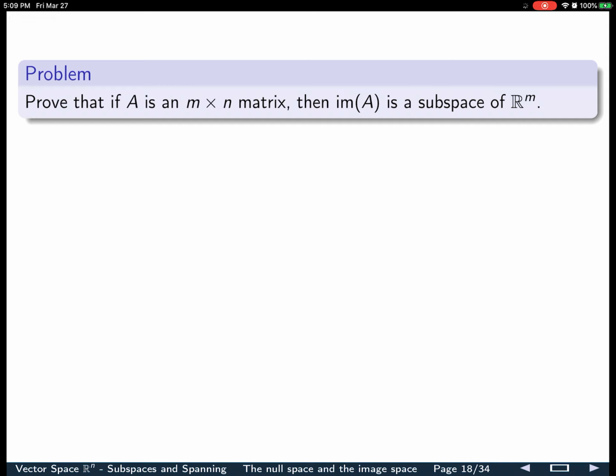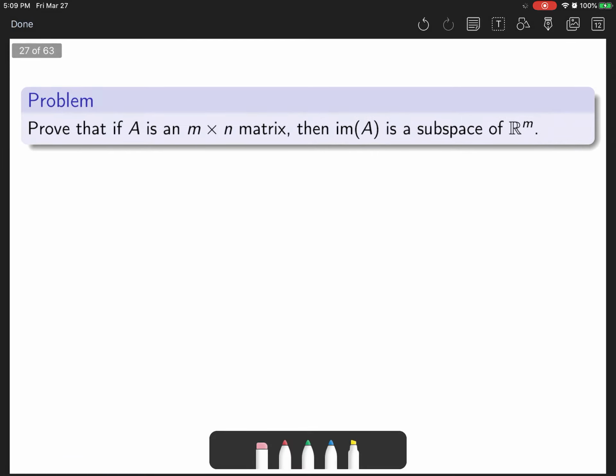Prove that if A is an m by n matrix, then the image of A, which is just another way of saying the column space, is a subspace. You might have had the word image before in an algebra class or something, talking about the range of a function, where it lands.